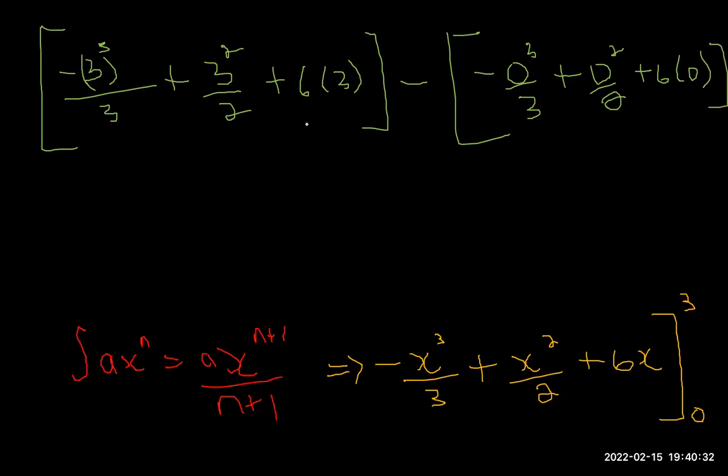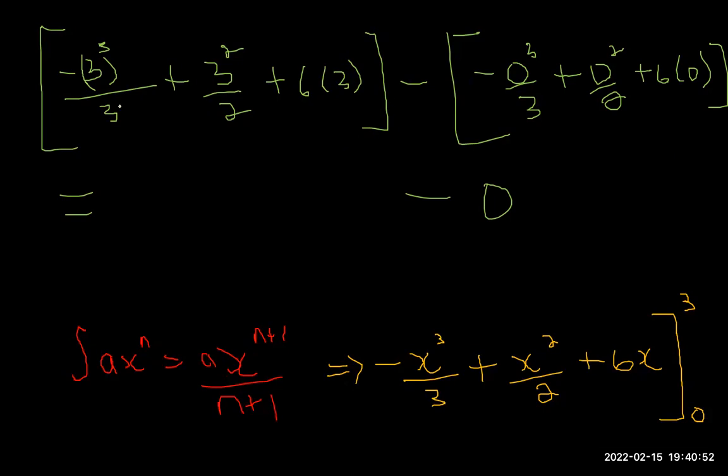All you're doing now is simplifying to get the value in each bracket, then subtracting the two values. This right here, just looking at it, I know it's going to end up being 0. So let me just put minus 0 one time. This is what we need to figure out now.